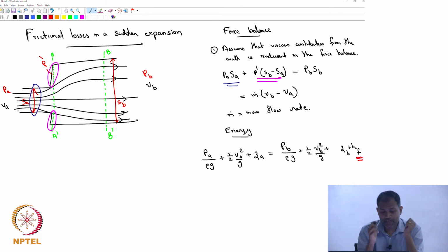HF is not just that. There can be additional losses as we said last time. The velocity magnitude is changing, the velocity direction is changing, both of them will contribute to additional losses, plus there will be recirculations at the corner which will also contribute. So what HF will give you is the sum of all those things.